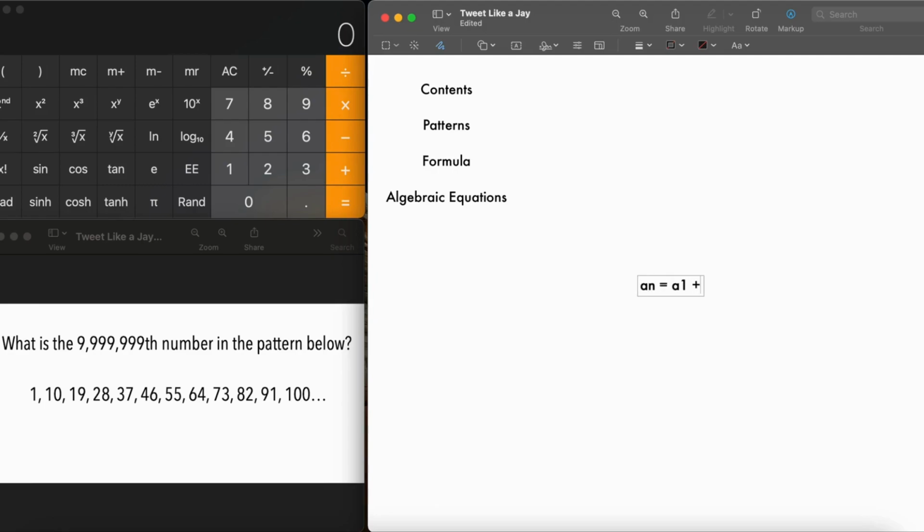This is supposed to be subscript, but I can't write that here. This is the formula.